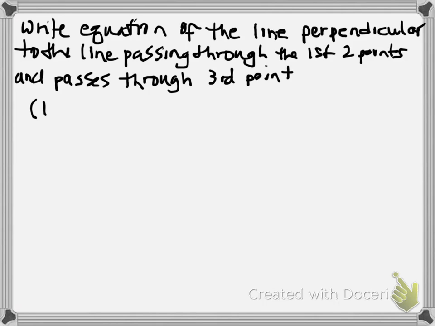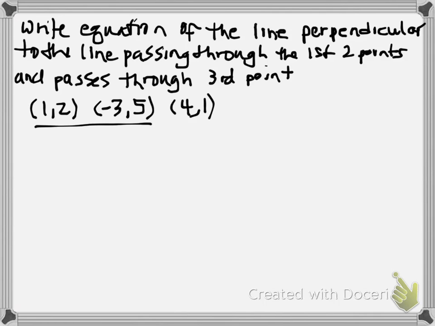So our 3 points: (1, 2), (-3, 5), (4, 1). So these 2 form the line perpendicular to yours. So what we need to do is figure out what its slope is.